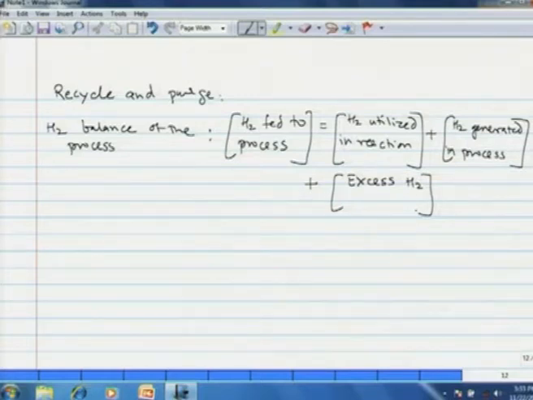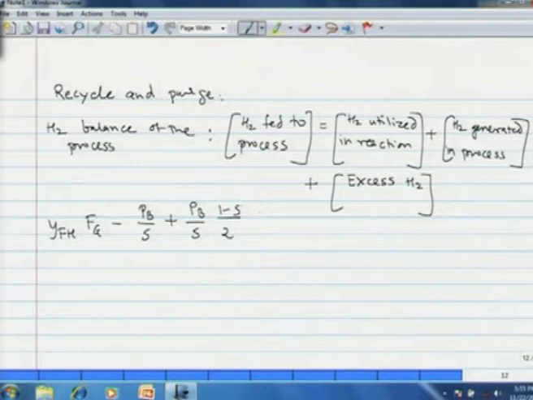Now, if we say that YFH is the mole fraction of hydrogen in the fresh gas stream, which we denote as Fg, then the fraction of this hydrogen that is utilized in the process is Pb by S by stoichiometry, and the hydrogen that is generated in the process is the same as the production rate of diphenyl, which is Pb by S into (1 minus S) by 2 as we just derived, and that should be the excess hydrogen that is left at the reactor outlet.